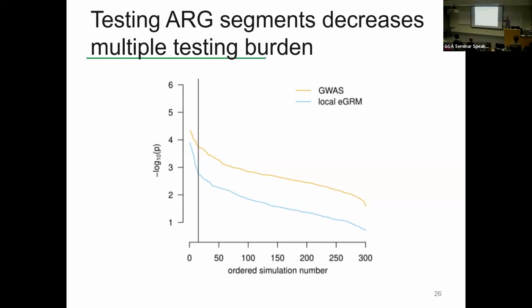The gold line is what you get from GWAS, so the smallest p-value ranges from roughly 10 to the minus 4 down to 10 to the minus 2. And the blue line is our effort. You save basically an order of magnitude on the multiple testing burden by testing 5 KB regions at a time, as opposed to testing every single variant. Normally in GWAS, you impose a cutoff of 5 times 10 to the minus 8. We can do something much more like 5 times 10 to the minus 7 for our p-value cutoff. That gives us a little boost in power.